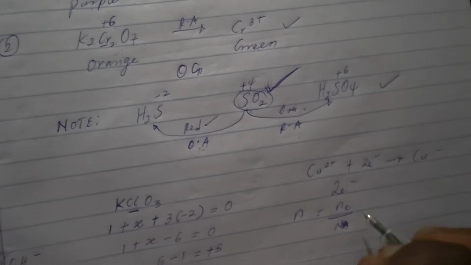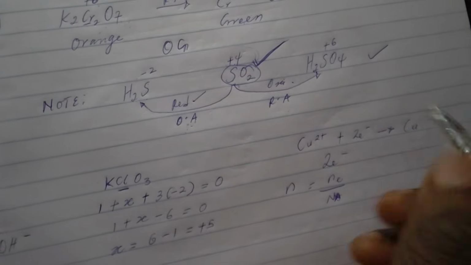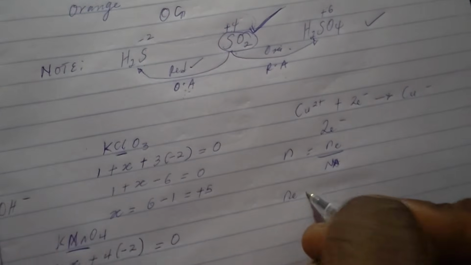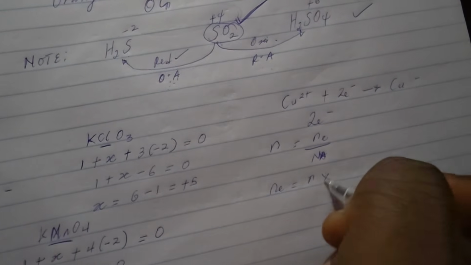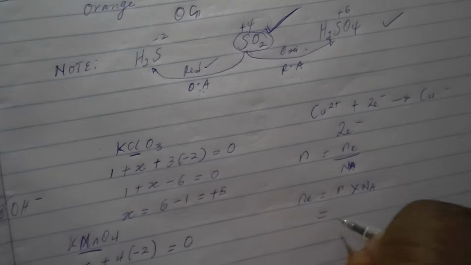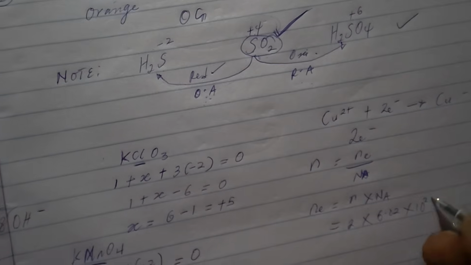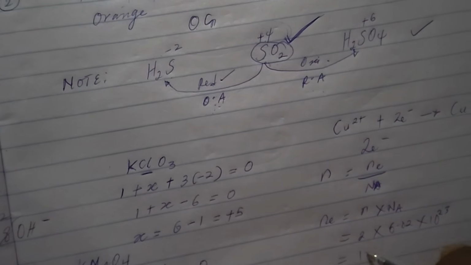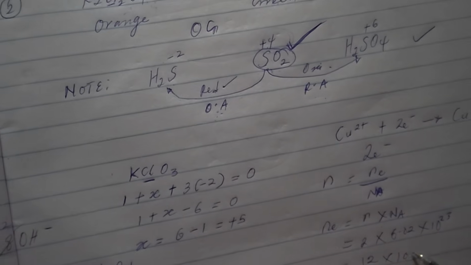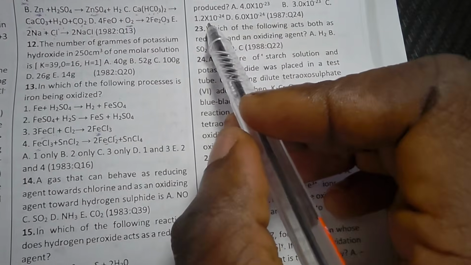So if they now say how many electrons are transferred, I want to know the number of electrons transferred, that would be number of moles times Avogadro's constant, and that's going to be 2 times 6.02 times 10 raised to 23, which is 12 times 10 raised to 23, or 1.2 times 10 raised to 24. So that's my answer.